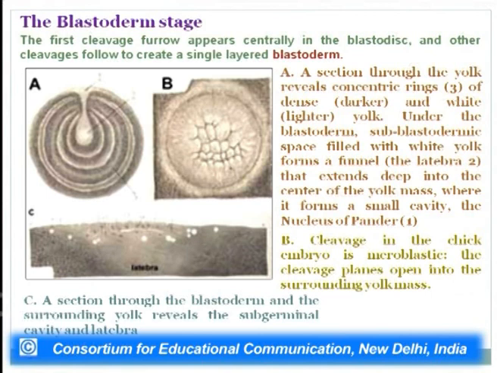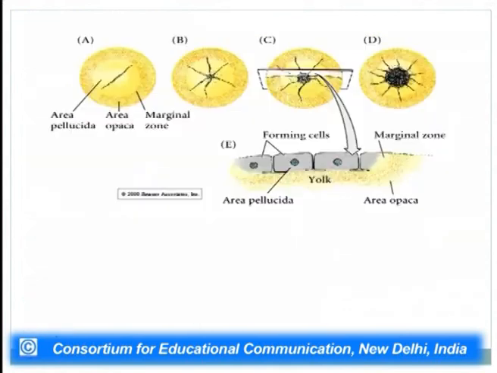The cavity between the blastoderm and the yolk mass is termed the subgerminal cavity. That funnel shaped area is the latebra, and this extends deeper into the yolk, where it forms a structure called the nucleus of Pander. So, these are certain features of the blastoderm stage.